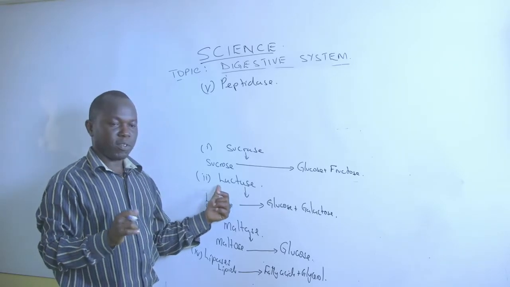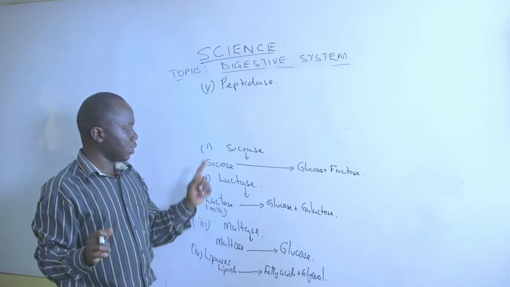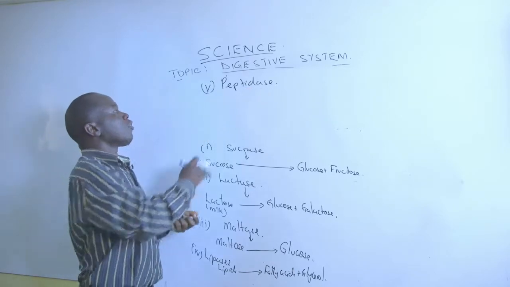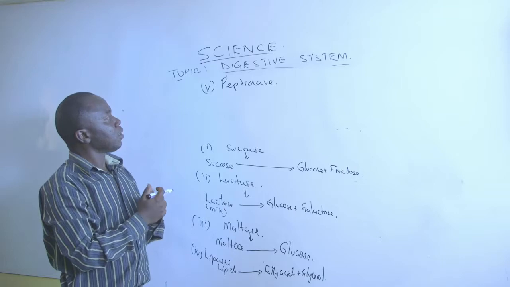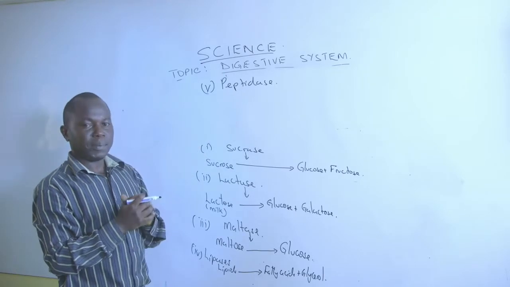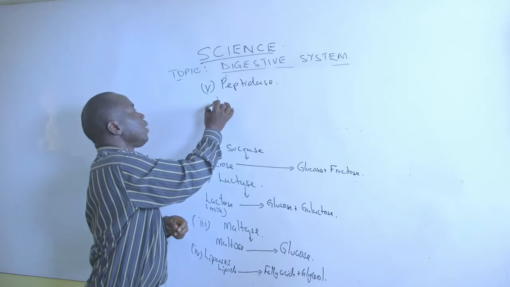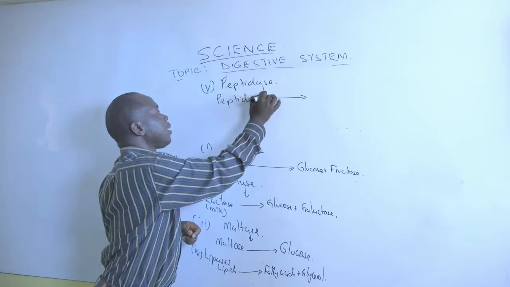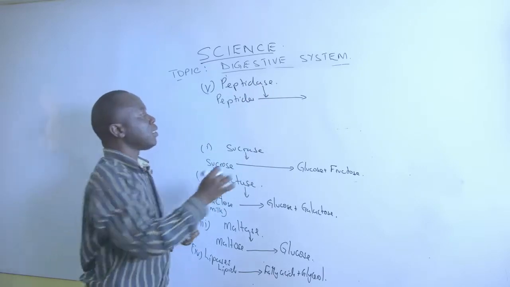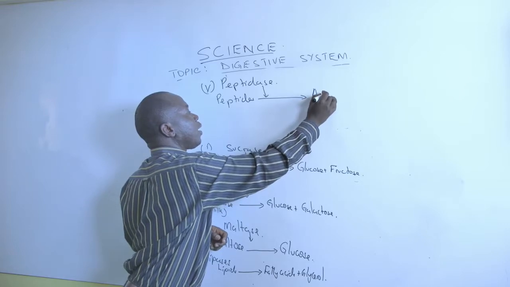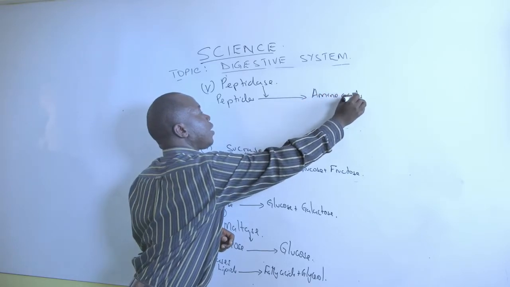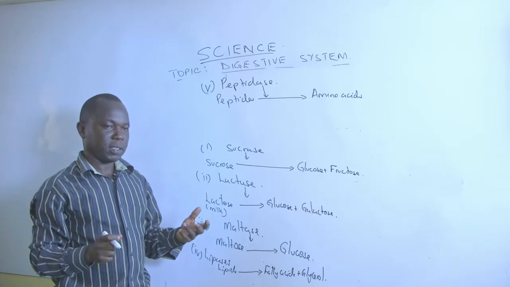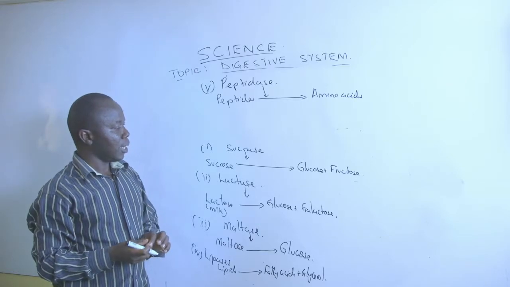For proteins to be completely digested, it takes place in the ileum, where we have peptidase. From this enzyme's name, we can get the substrate: peptides. The role of peptidase is to convert peptides into amino acids. Amino acids are the simplest form, the building blocks of proteins. So at that point, they can easily be absorbed.